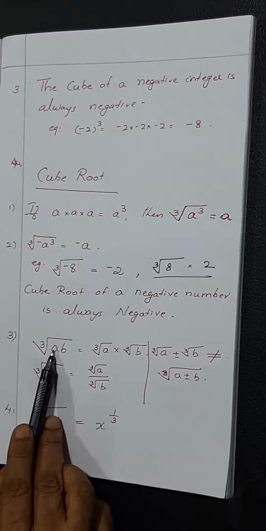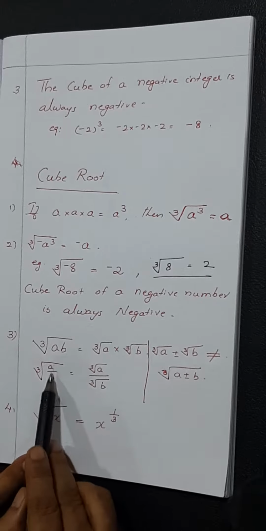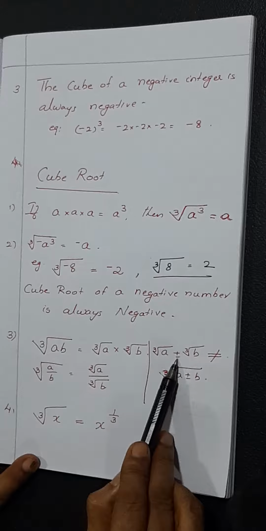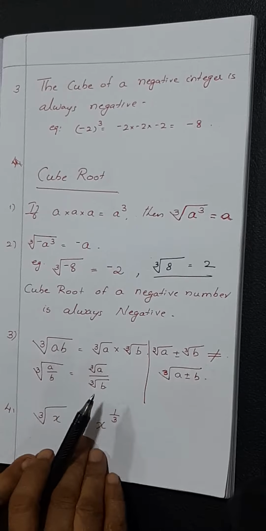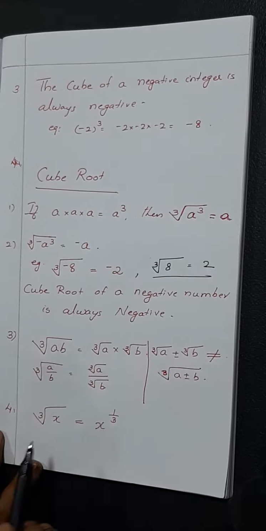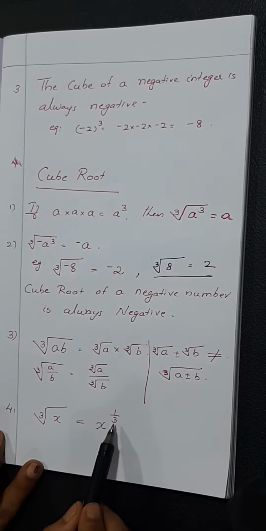The cube root of a into b, you can take separately and multiply, and the same for division, but that is not true for addition and subtraction. I have explained this in the square roots chapter. The same holds good for cube root also. And the cube root of x is actually x to the power of 1 by 3.